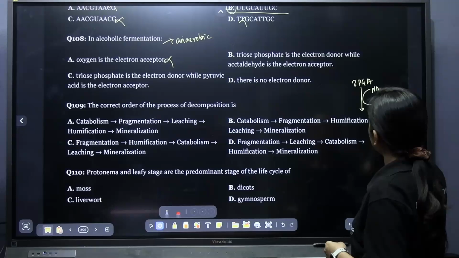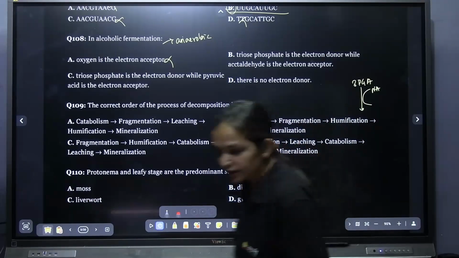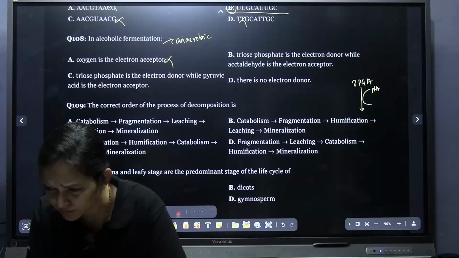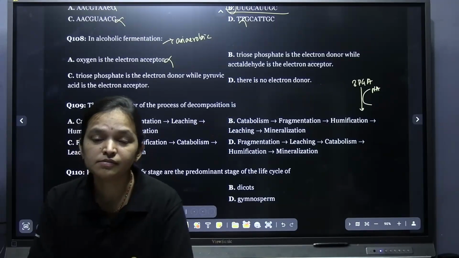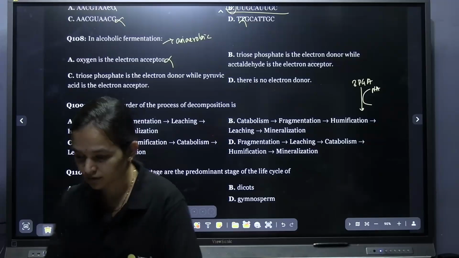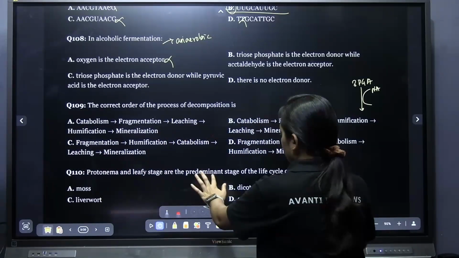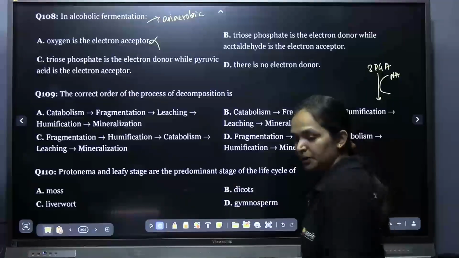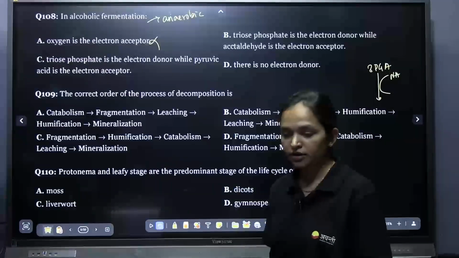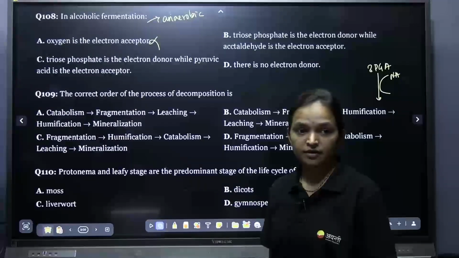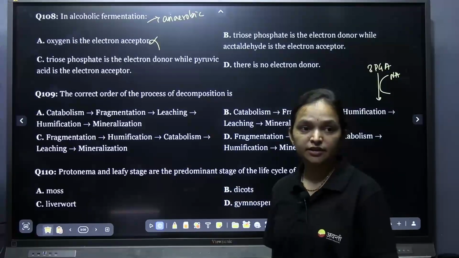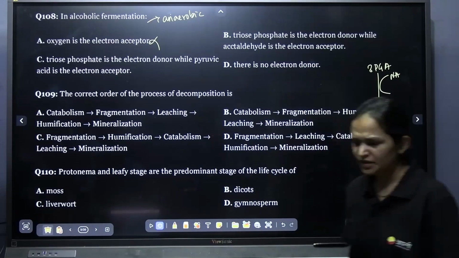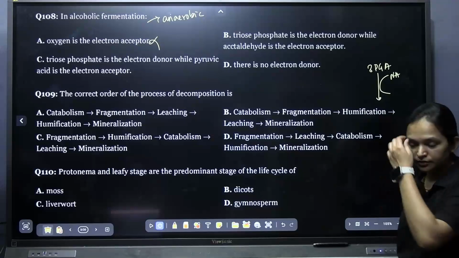Ma'am, screen is not visible. Oh, screen is not visible. Ma'am, it is blur. Everybody is facing the same issue. Is there any network issue?